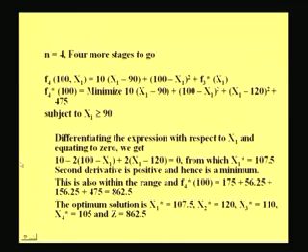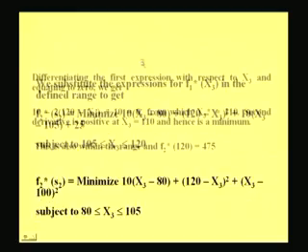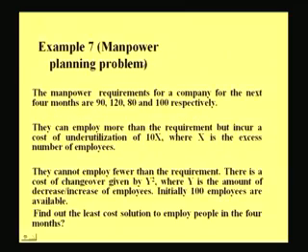Now we go to the last one, n equal to 4, 4 more stages to go, which means we are at the beginning of the problem, which means we are at the beginning of month 1. Month 1 minimum requirement is 90, and people available at the beginning of the planning period, or at the beginning of month 1, is 100.